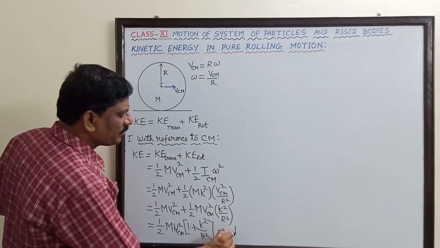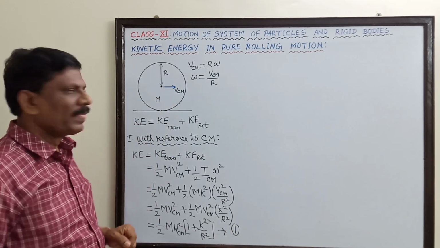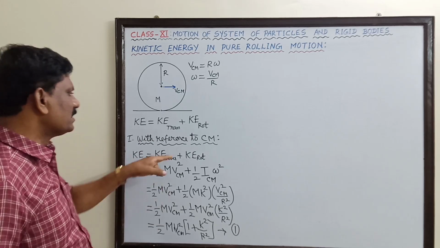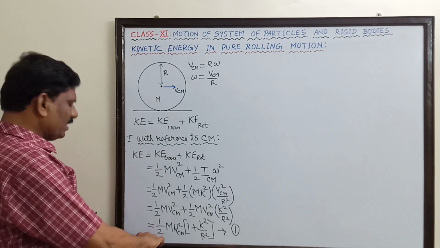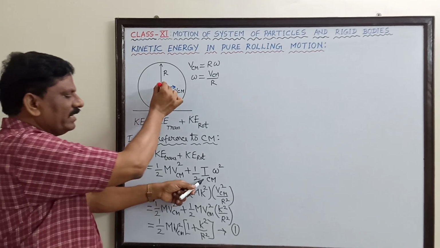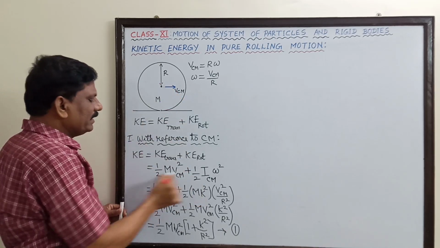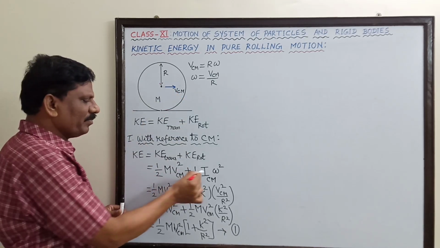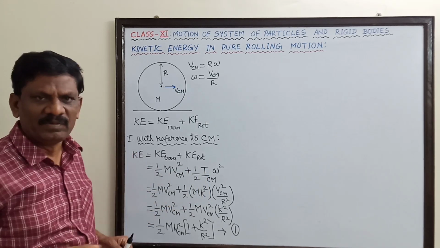So this is expression 1. Which point have we taken as a reference? The center of mass. So about the center of mass, the moment of inertia of this wheel is I cm. Understand? And we have added the translatory kinetic energy plus rotational kinetic energy, and that is the kinetic energy of the pure rolling motion.